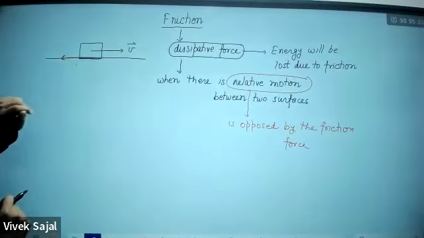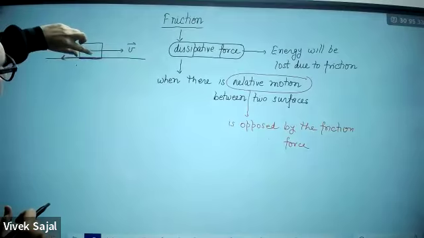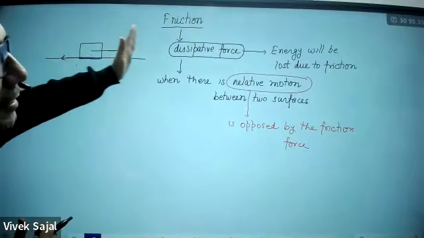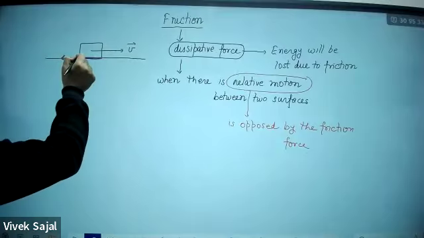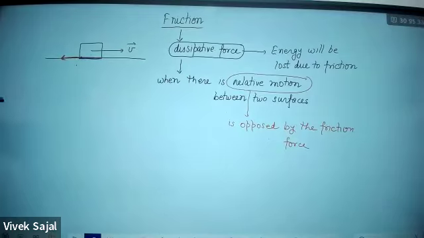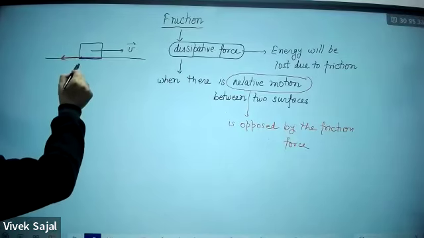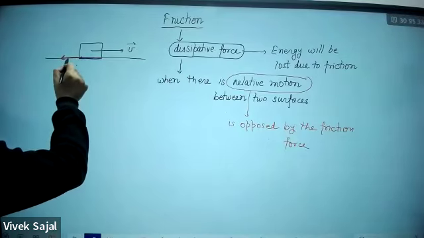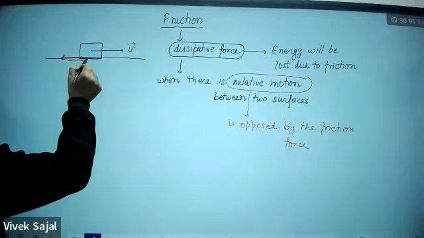So try to understand here one thing, that this block with respect to the ground is moving in this direction. So on this block, this friction force is going to act in this direction, while on the earth surface, friction force is going to act in this direction.